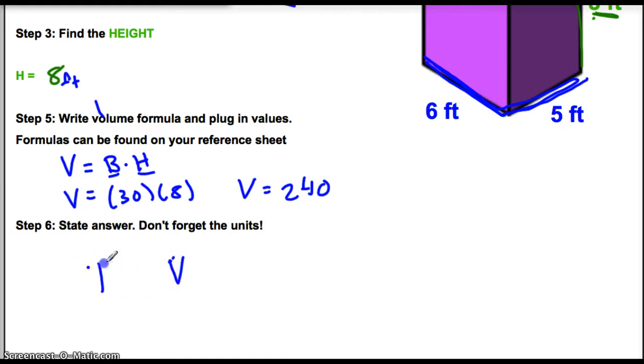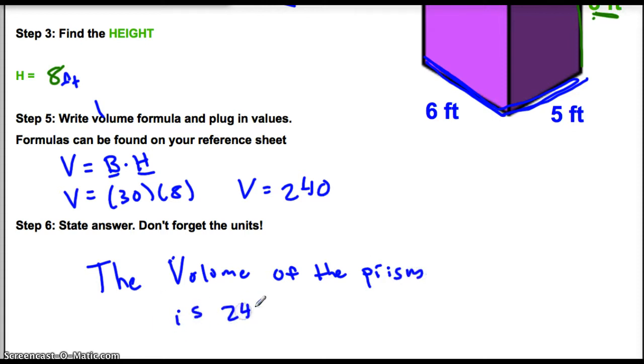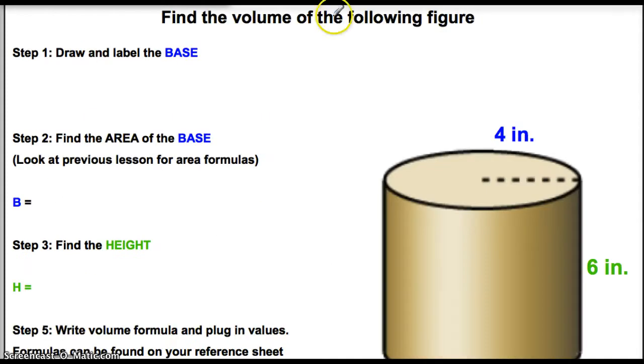The volume of this prism is 240 feet cubed. The reason we put cubed is because this is a three-dimensional figure. How many cubic feet fit in there? That would be our final answer.